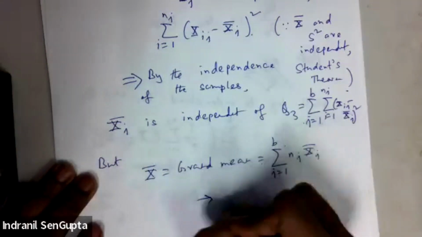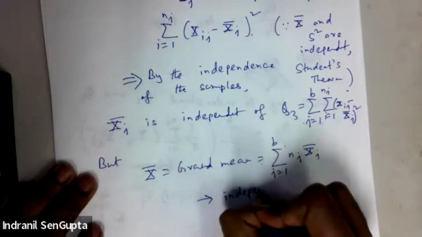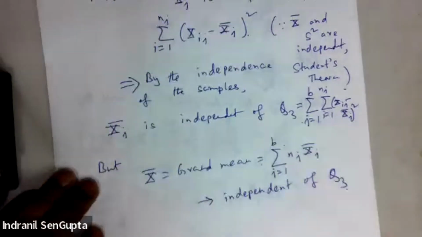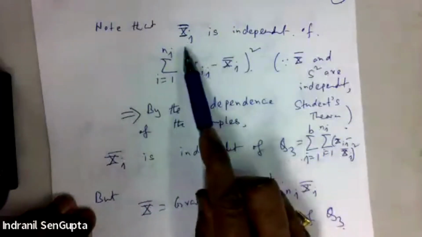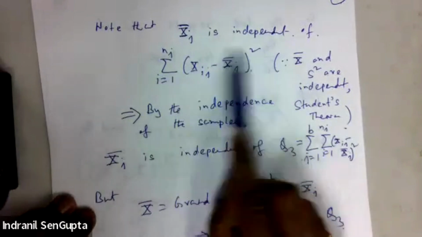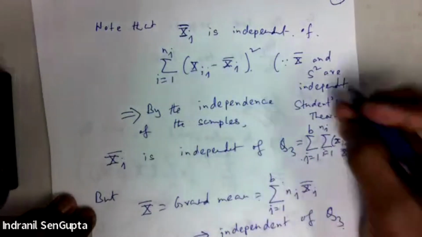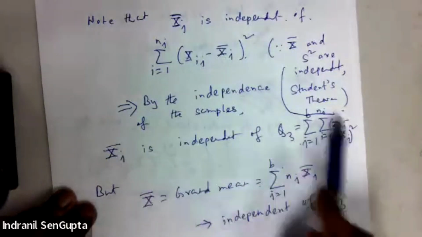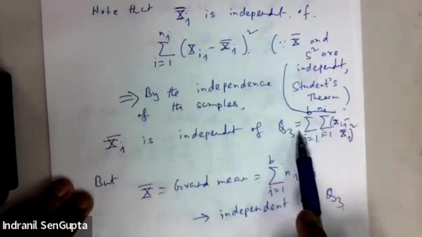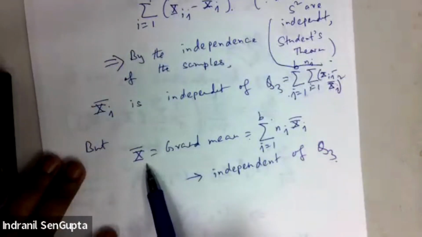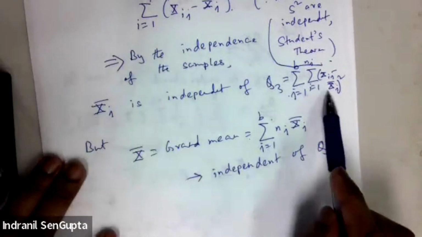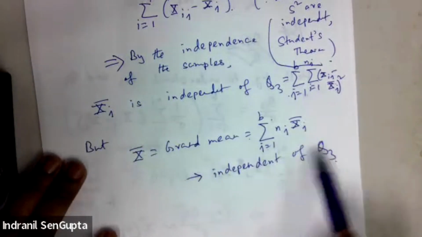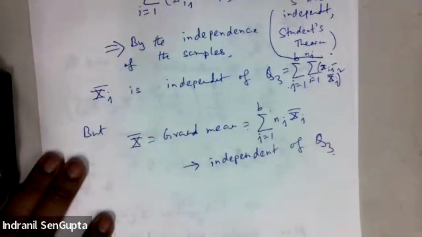So that means it's independent of Q3 by the previous analysis. All right, once again. First of all, we observe that X_j bar is independent of this one because of the previous Student's theorem, right? Then X_j bar is independent of the sum of all this, that is Q3. And now X bar, the grand mean, is the combination of all such X_j bars. So this is independent of Q3 as well, right?